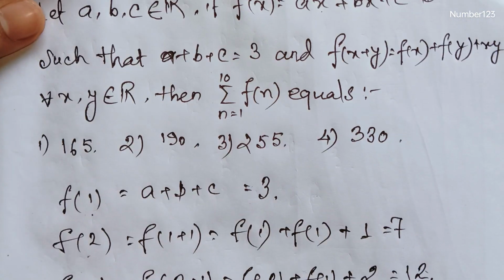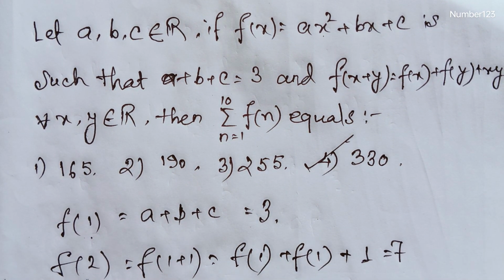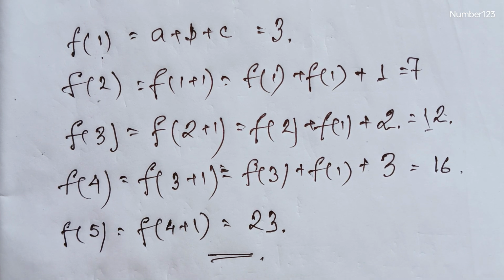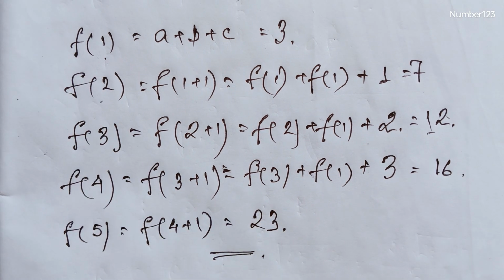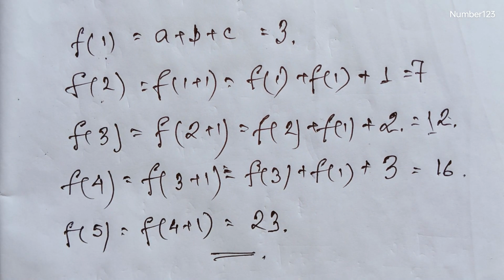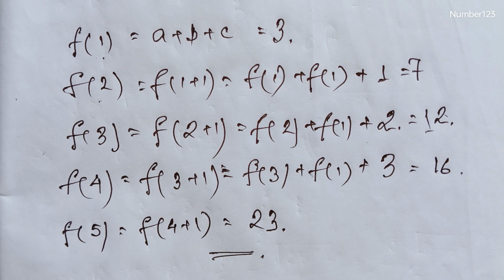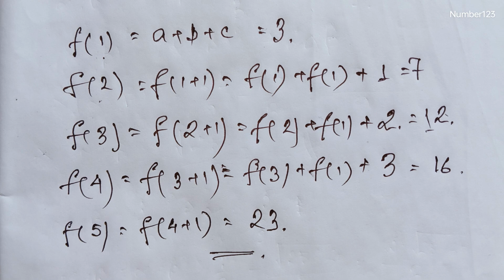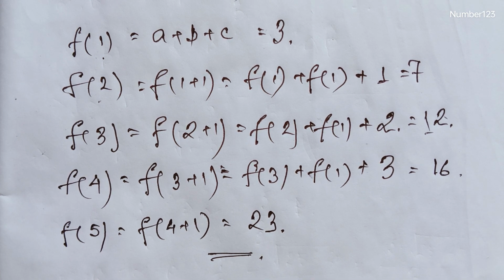Hence the solution of this question is 330. So if we find manual values of f(1), f(2), f(3), f(4), f(5), we can continue all of the terms, but since this is an MCQ question, we have to try to find a perfect function to calculate this.